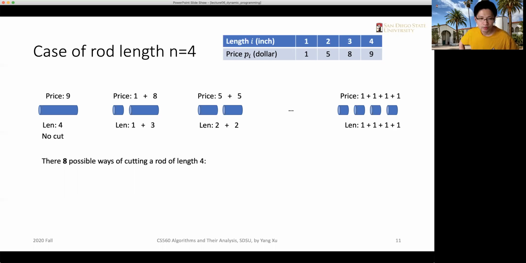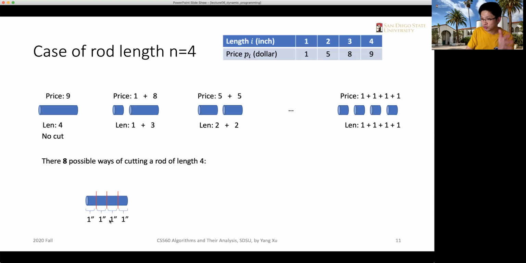Okay, so if we consider this rod of length 4, there are 8 possible ways of cutting a rod. Okay, because there are 3 places that we can put our cut onto, right? Indicated by these 3 red lines.